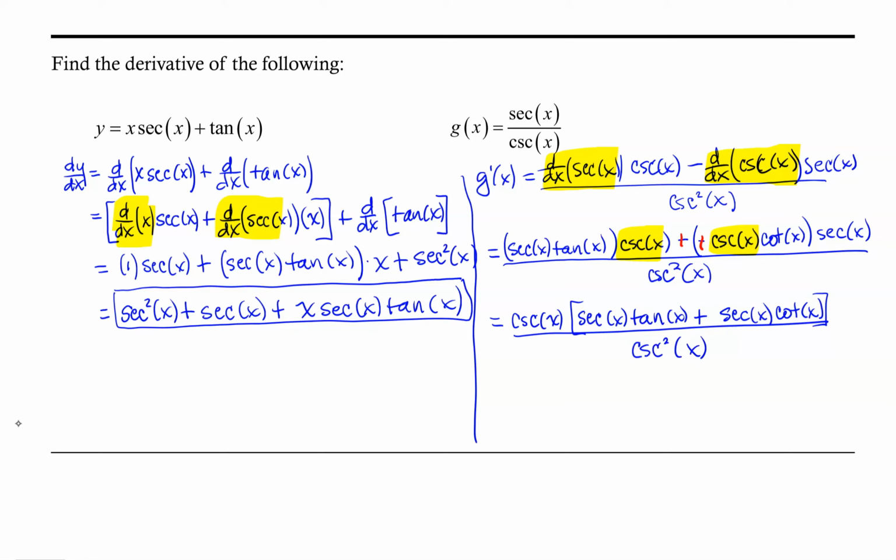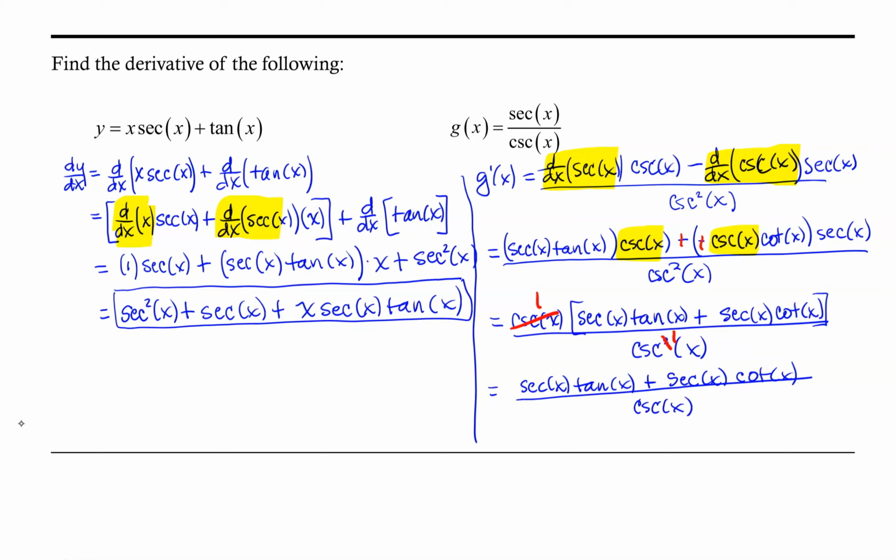And now in doing that, we can divide out one of the factors of cosecant x from the denominator and the numerator, leaving us with secant x tangent x plus secant x cotangent x, all over cosecant x.